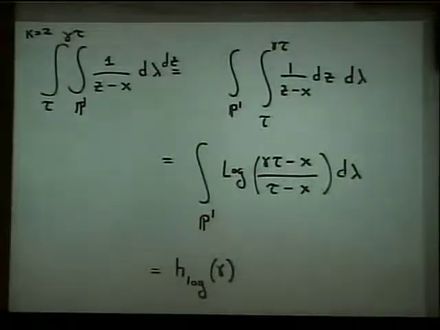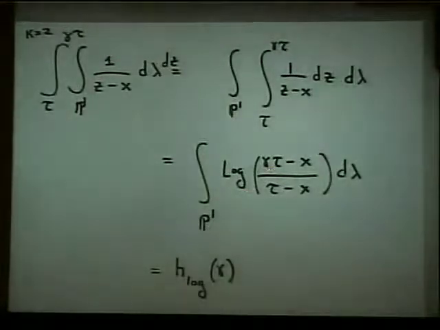Similarly, x is never equal to gamma tau, because these guys have to be rational, and this is irrational. So this function has no zeros or poles on the rational points of the boundary, and the logarithm is actually locally analytic. So this integral makes sense.